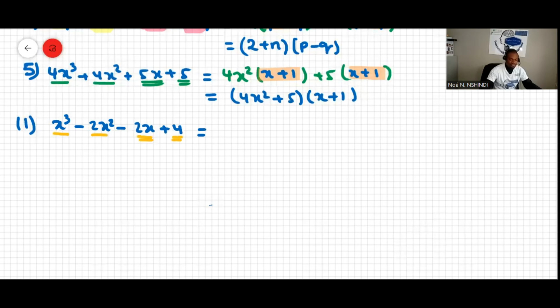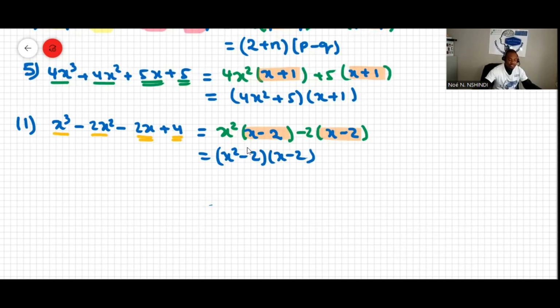I'll take x squared as a common factor, and then negative 2 as a common factor also. And then this will be x minus 2, and then x minus 2 there. You see now that we have x minus 2 and x minus 2 there, we can factorize this. It will be x squared minus 2, and then x minus 2.